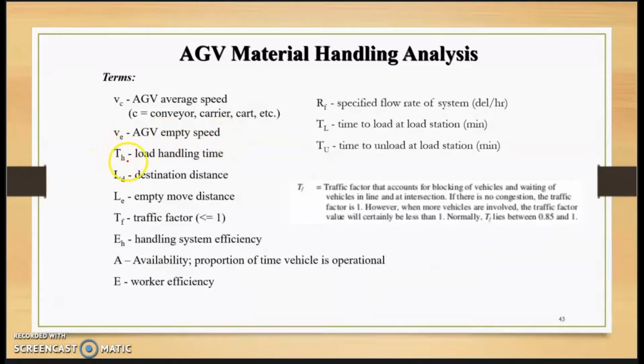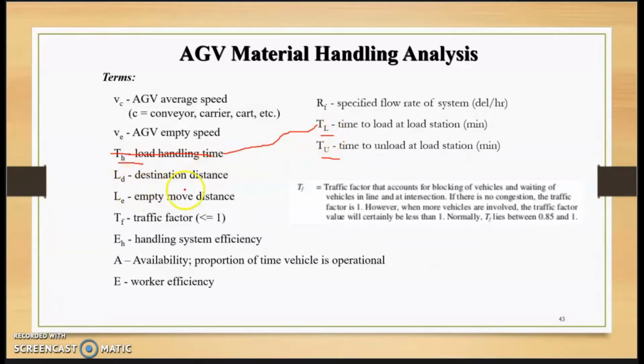The next one is loading handling time. So basically, this one is similar to this one. So I will use TL for load time at the load station, and then I use TU for time to unload at the unload station. So I won't use the TH, instead I will use TL.